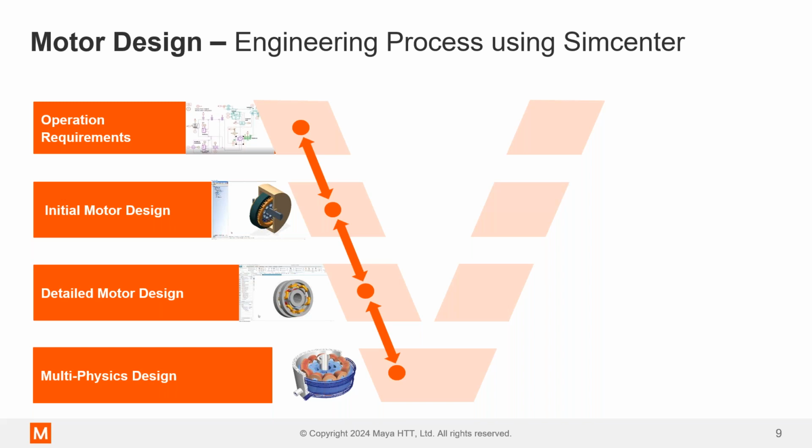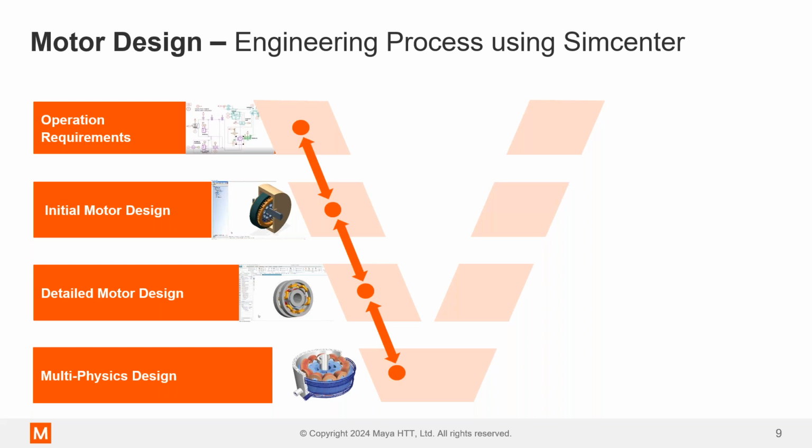Typically, there's a number of stages, starting from defining operational requirements and system level, overall information, working our way through maybe initial motor design or initial platform design, more detailed design, and then these days, we often look at multi-physics design.